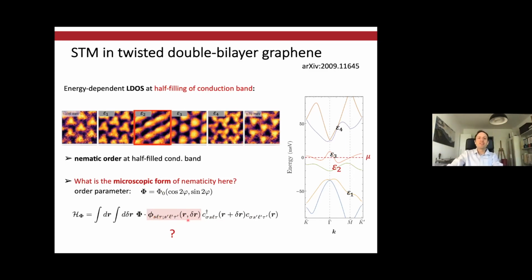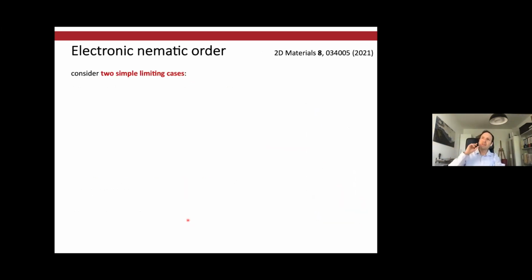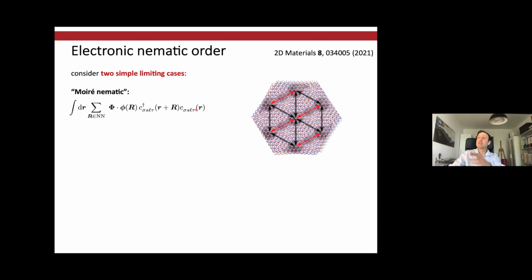And of course, extracting this directly from the data is complicated, but what we did is we looked at several natural limiting cases, out of which I would like to briefly mention 2, and compared with experiment. And what we consider is, first of all, what we call moiré nematic. It's a state that is entirely trivial in these internal indices, and its nematic structure comes just from this R dependence, which you can restrict to nearest neighbors.